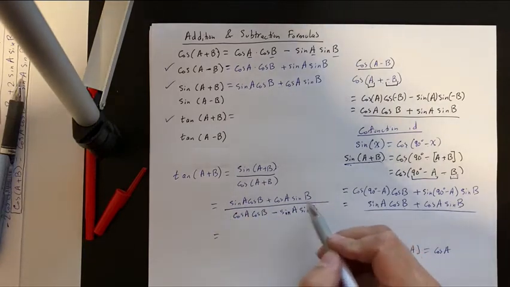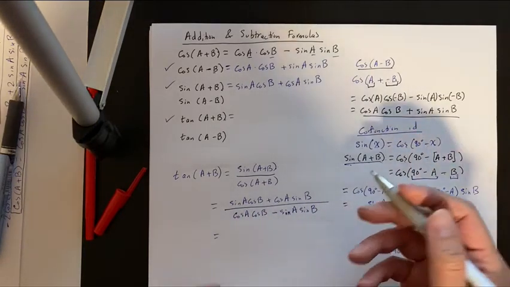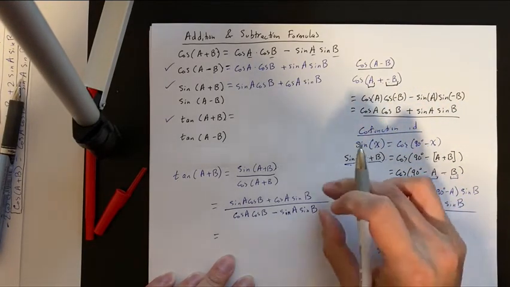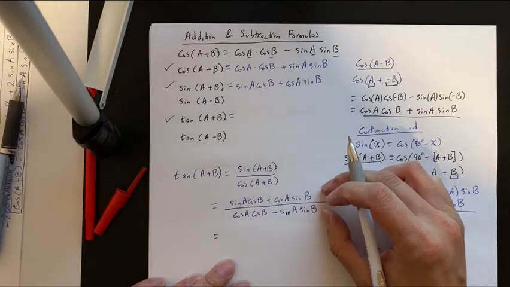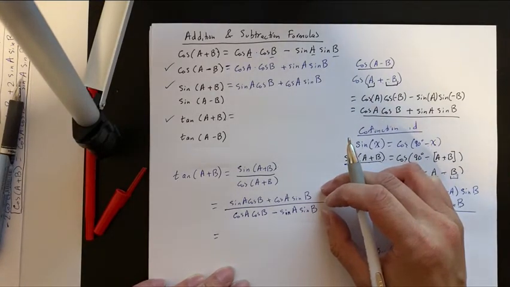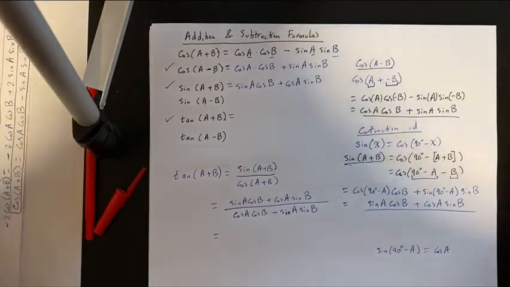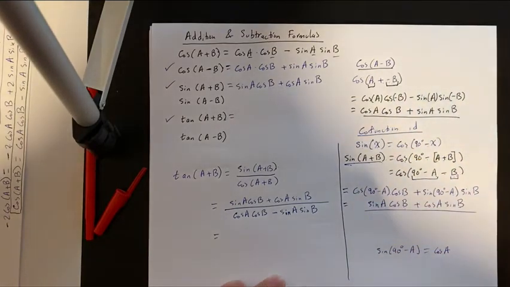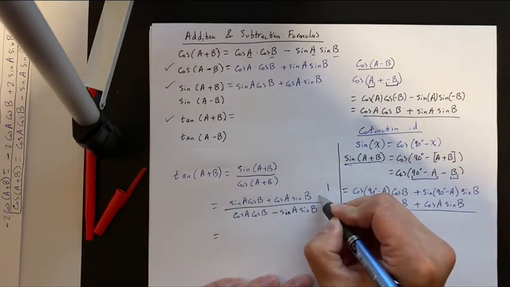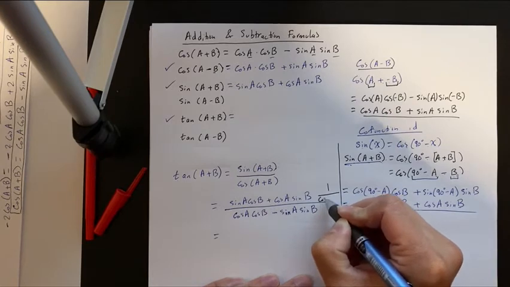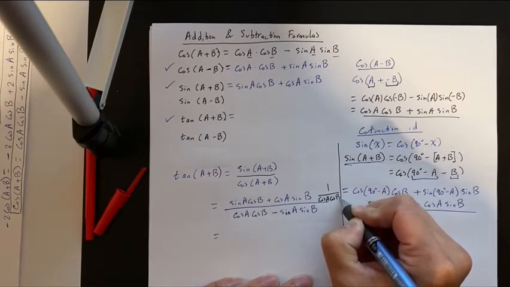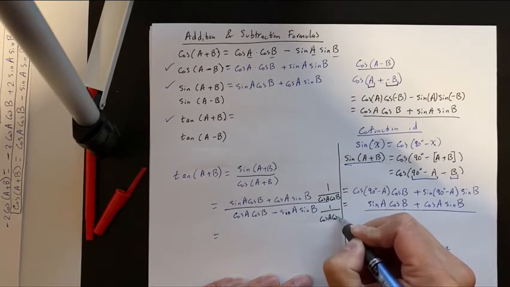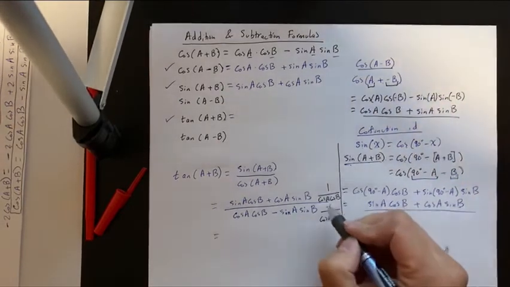This is not what they have in the book. They do a little bit more. They decide to divide everything on top and bottom by cosine A, cosine B, and you'll see what that would do. So the very last step here is to divide top and bottom by cosine A, cosine B. Why?